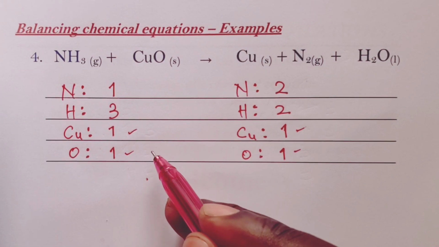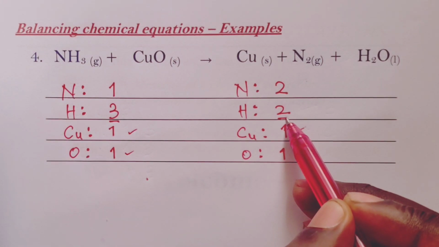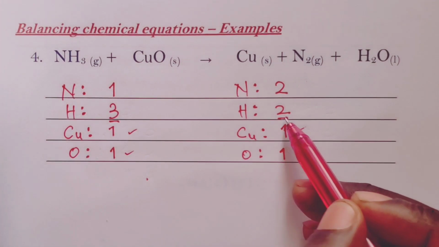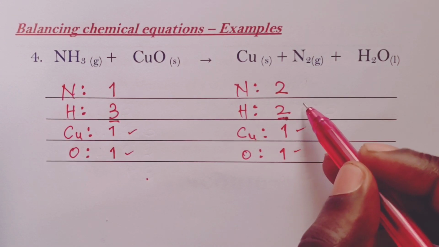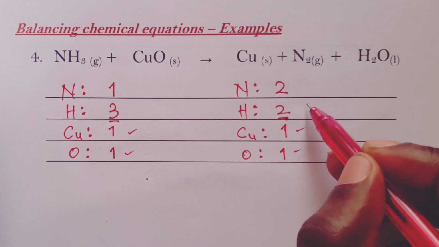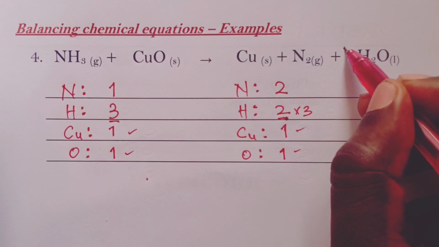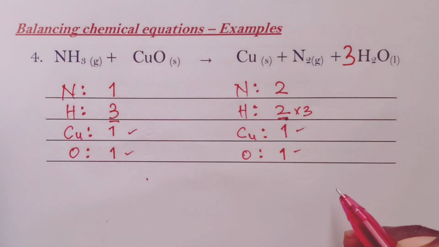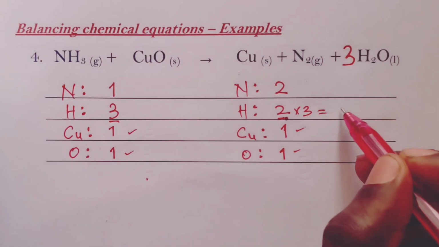So here, I want to balance 3 and 2. And the easiest thing to do is to raise the numbers to 6. So I'll do 2 by 3 for my hydrogen, multiplying by 3 to give me a 6. So let me put a 3 on my water in an attempt to make the hydrogens 6.